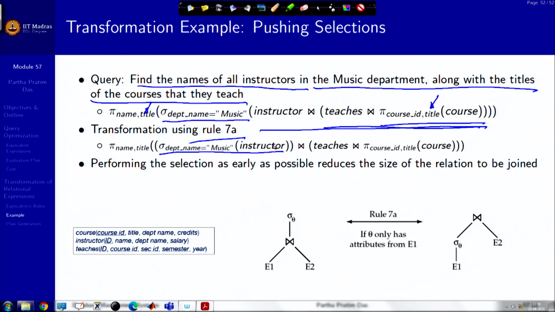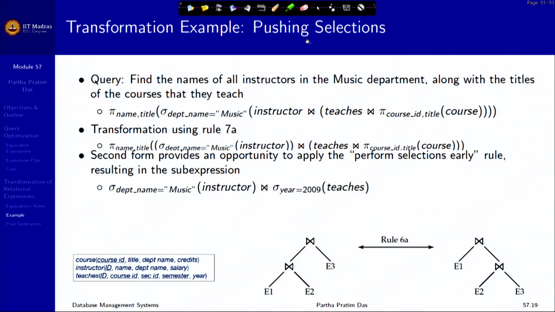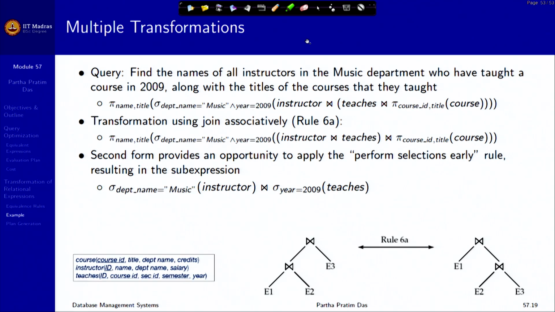So, by that you move the selection in here, and this rule is what is being applied, and with this the relation will get even smaller. Performing the selection as early as possible reduces the size of the relation to be joined, a very basic thumb rule. So, pushing the selection down is a very good idea. You may need multiple transformations.